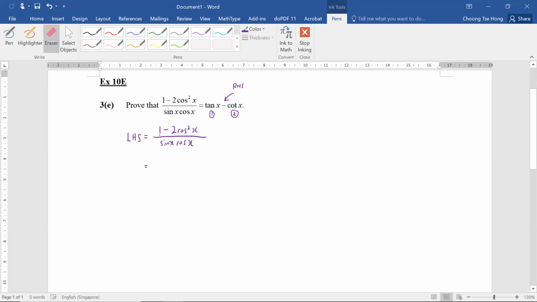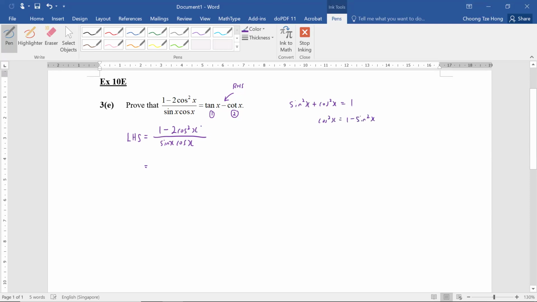At this point you need to think about what identities you have. You have a 1 and a minus 2 cosine square x. For cosine square x, of course, we can replace it with 1 minus sine square x, since sine square x plus cosine square x equals 1. But you need to think, does it serve any purpose?